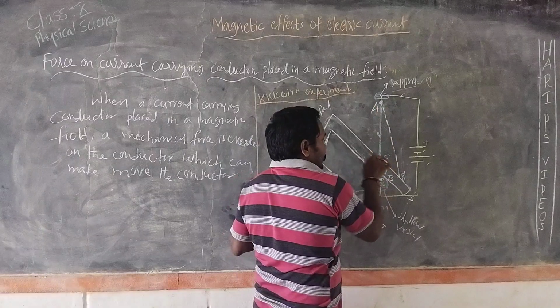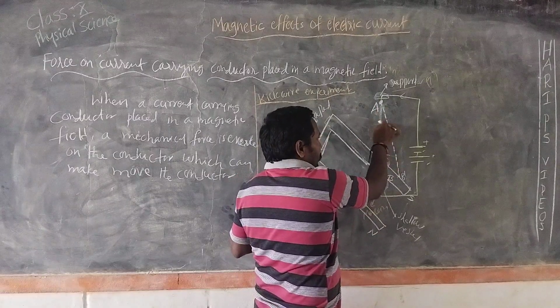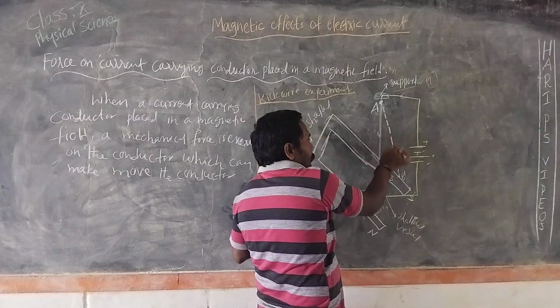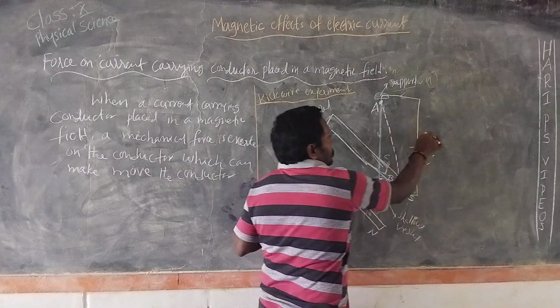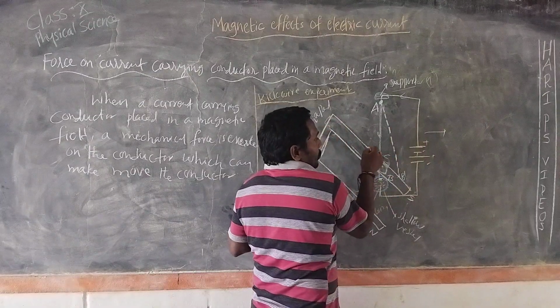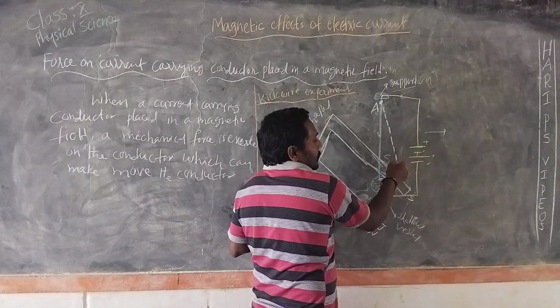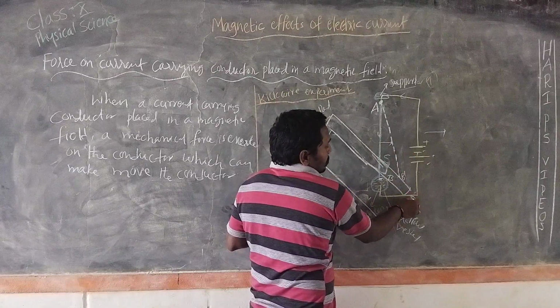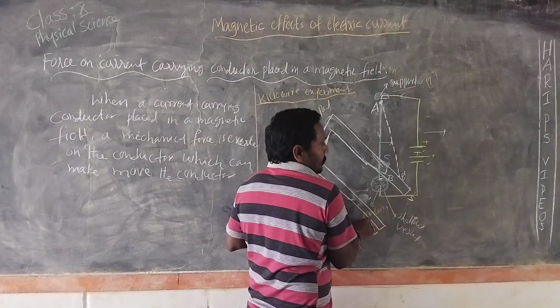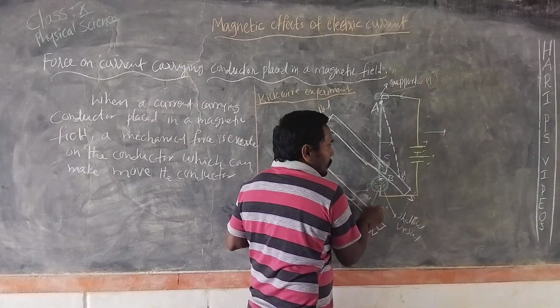The current carrying conductor produces a magnetic field. This magnetic field is left to right, towards the east direction. East direction means this side. So in which direction does the current carrying wire move? In this direction. In this direction, which side is there? The south pole of the U-shaped magnet.